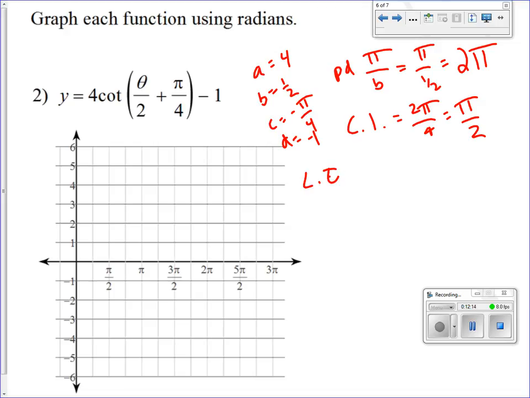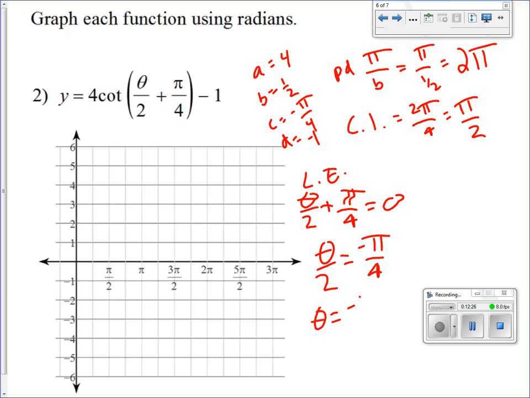So our left endpoint, we take the argument, we set it equal to 0. This hasn't changed. So subtracting pi over 4 from both sides, and then multiplying both sides by 2. The right endpoint, only slightly different. Instead of being at 2 pi, like it is for sine, cosine, secant, tangent, it'll be at 1 pi for tangent and cotangent.